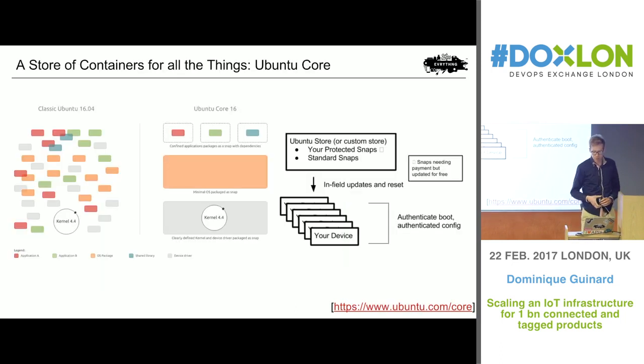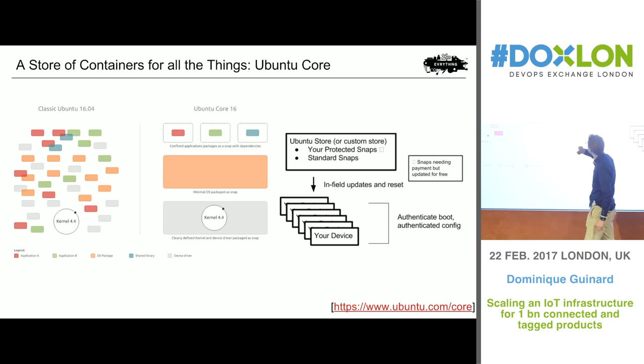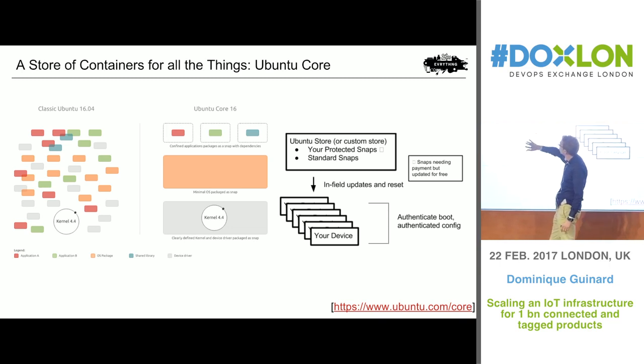There is a similar offering from Ubuntu that I've grown more and more interested in. It's called Ubuntu Core. What Ubuntu Core did is implement a much lighter version of Ubuntu that also offers containers.